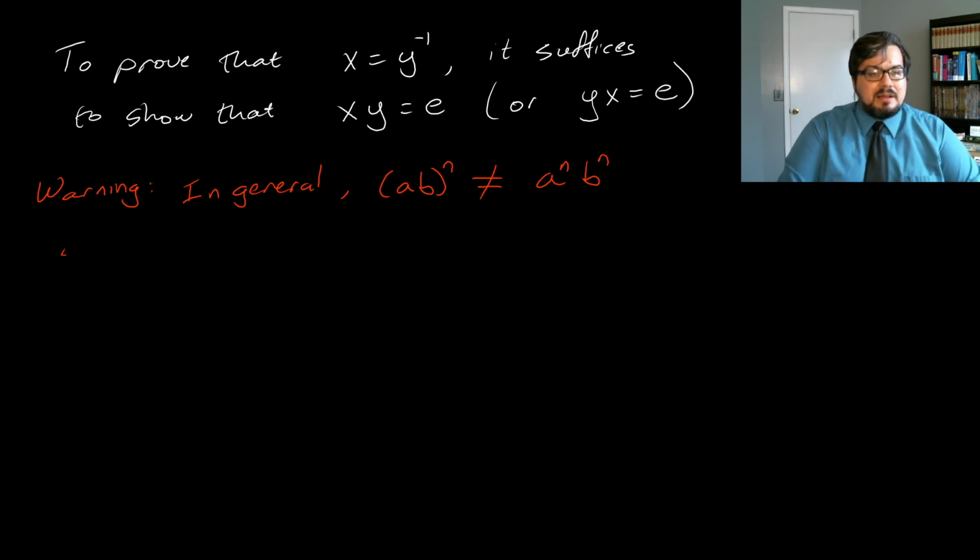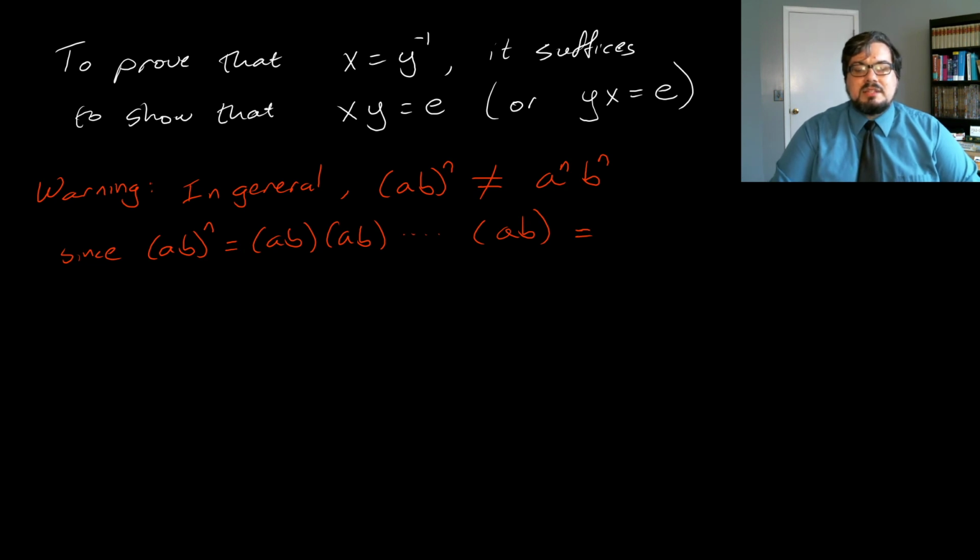That's because ab to the nth power is, by definition, ab times ab, up to ab, n times. By associativity, we can drop the parentheses, but we get ab, ab, ab, dot, dot, dot, up to ab.